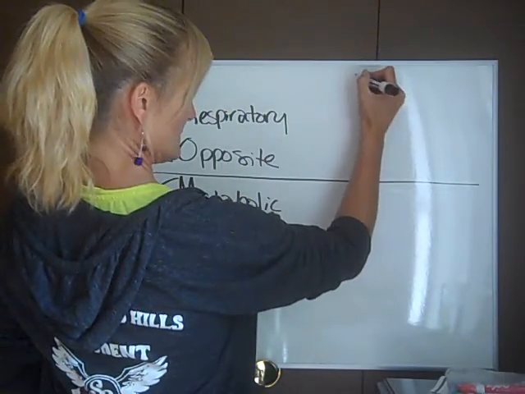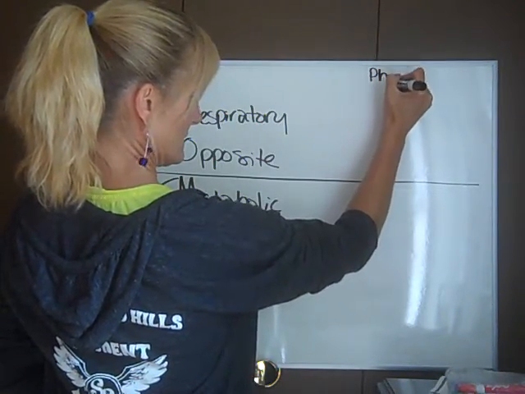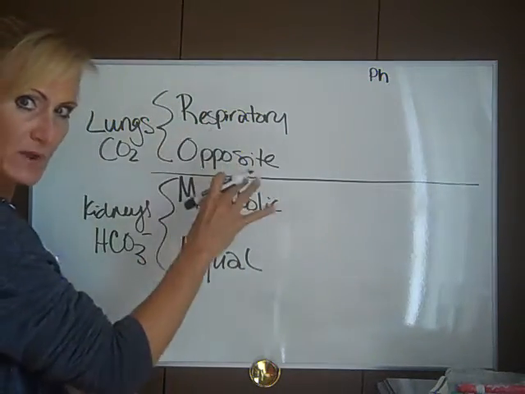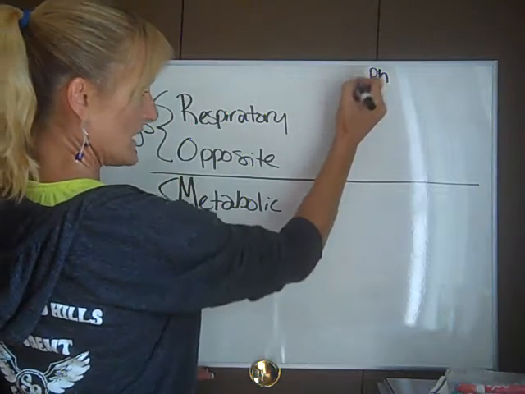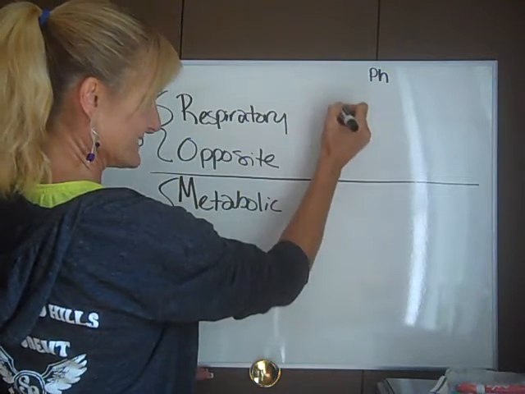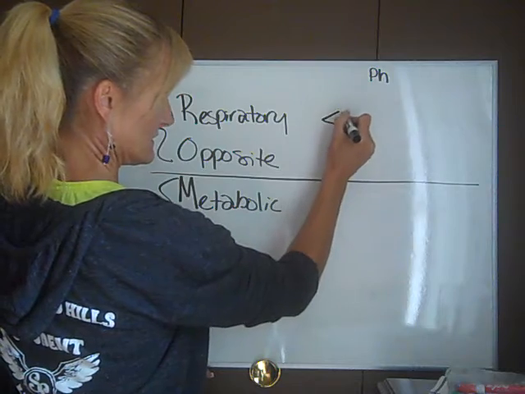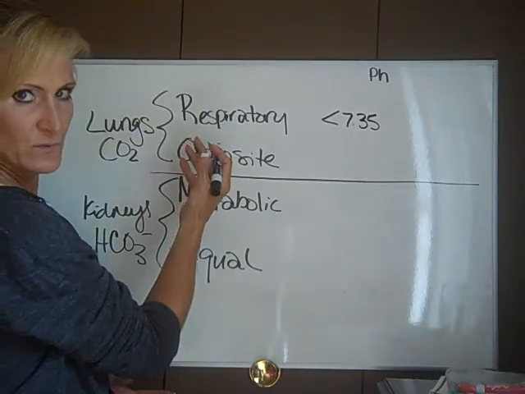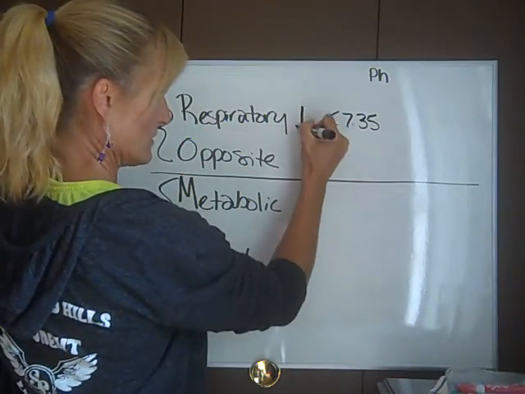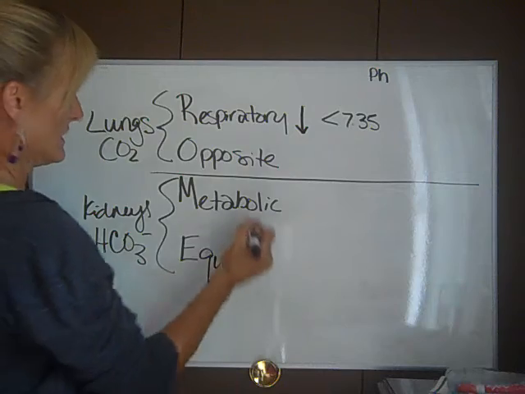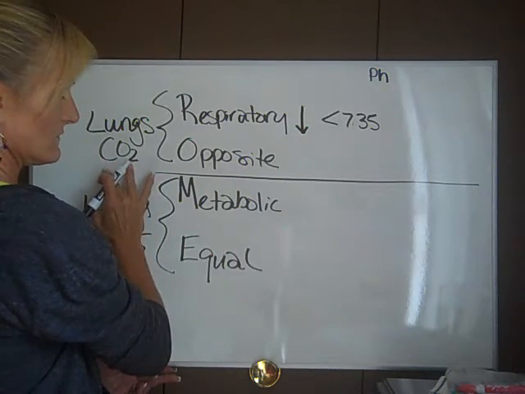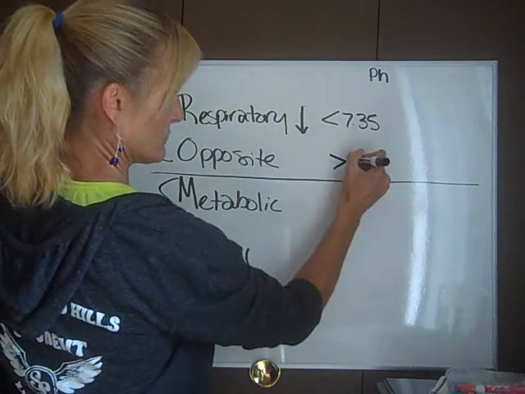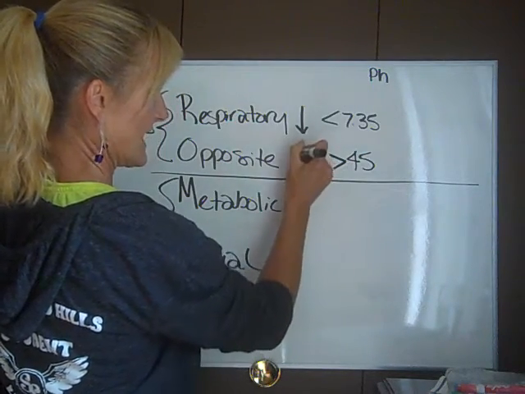The first thing you're going to look at is your pH. If you have a respiratory problem, if your pH is low, meaning less than 7.35, so let's say this is 7.30, that's low. You give yourself a little down arrow, and then if your carbon dioxide is greater than 45, that's high.